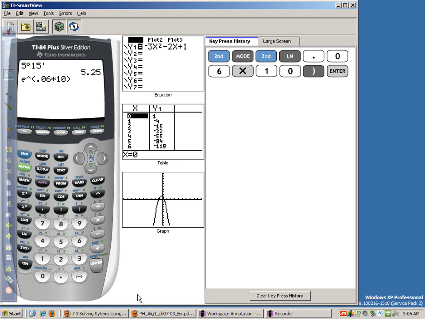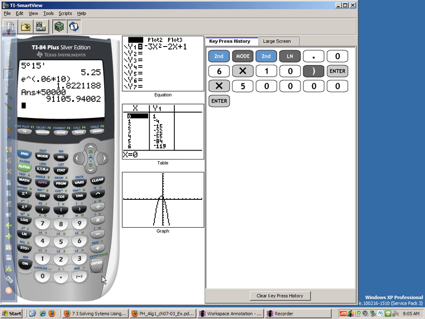Your calculator will tell you that number. And we're going to times that by 5,000. And that's where we came up with our number. And remember, to do an exponent on your calculator, you use this little up arrow button.